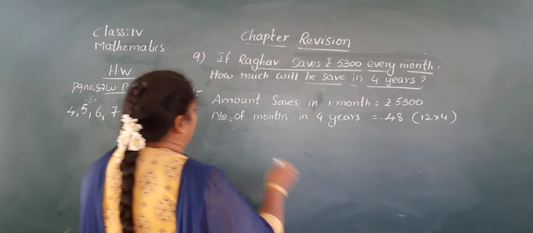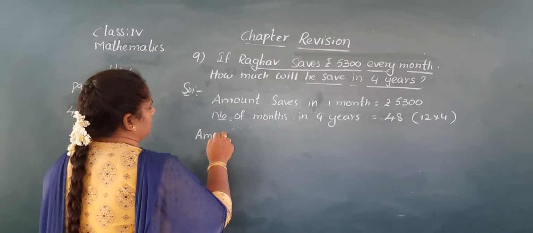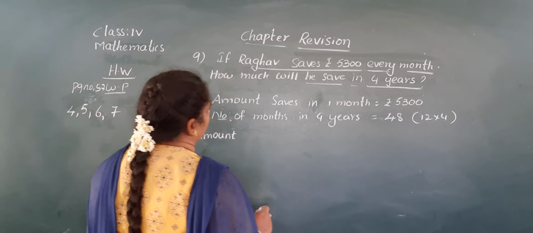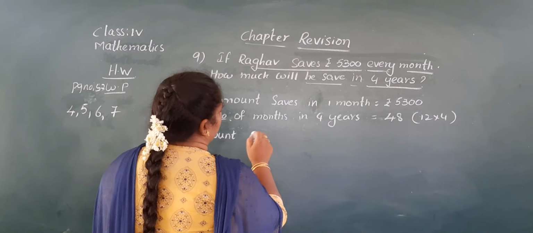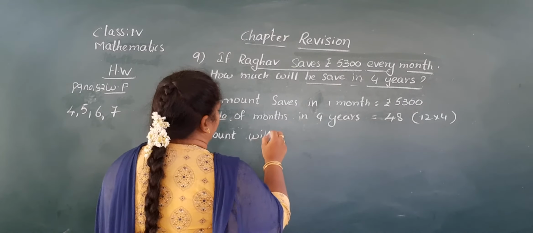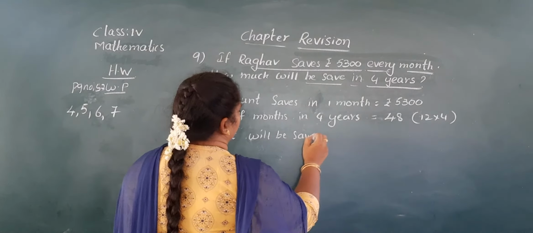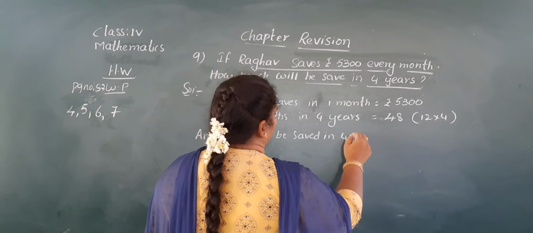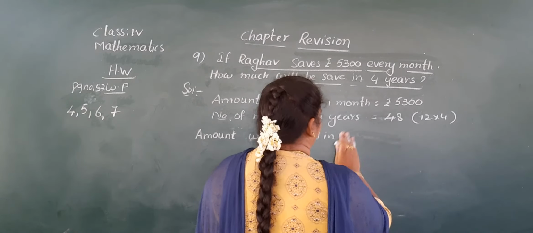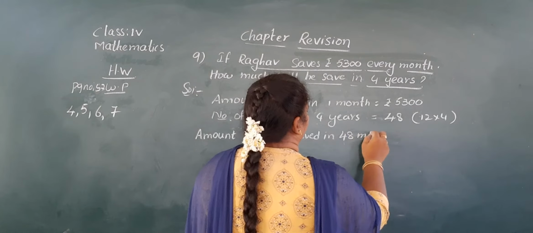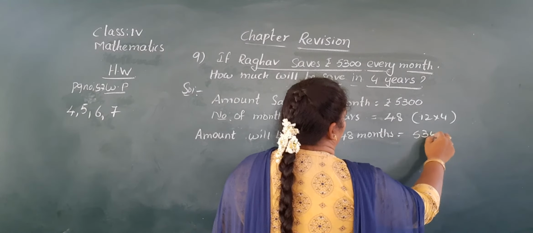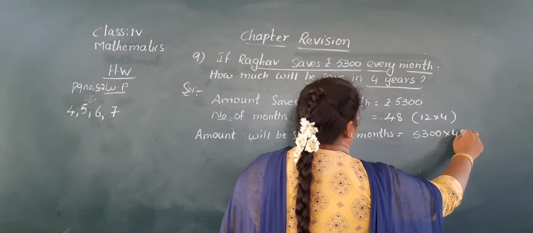And now we have to calculate the amount saved. The amount that will be saved in 4 years, 4 years means 48 months, is 5300 into 48.